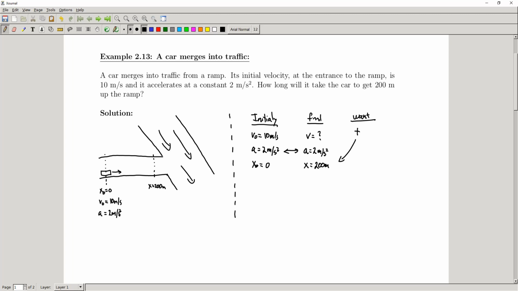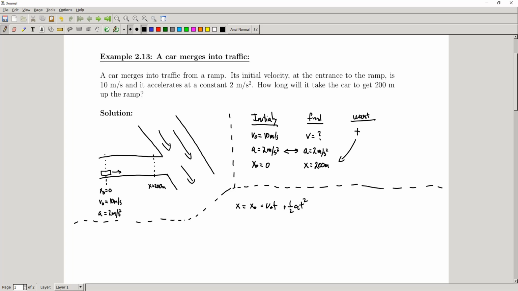Ideally we would like an equation that only has t as an unknown, so we can solve for t. Equation 4 from that collection of equations will do the job for us. Let's remind ourselves, equation 4 tells us that x equals x0 plus v0t plus 1/2 at squared.